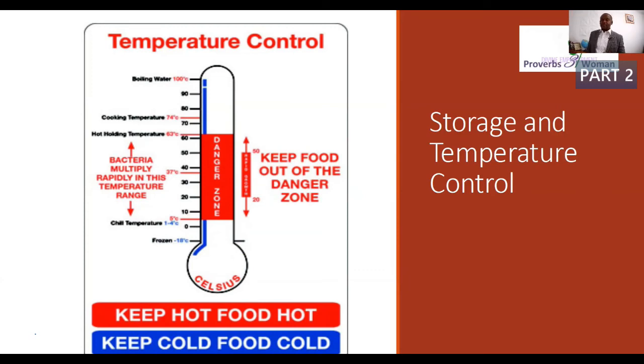And when you go up to 5 degrees, so between 4 to 5 degrees, that's the temperature of your refrigerator. Now, remember, as I said, it depends on the weather. The normal temperature of your refrigerator should be 4 degrees, sometimes 5 degrees.